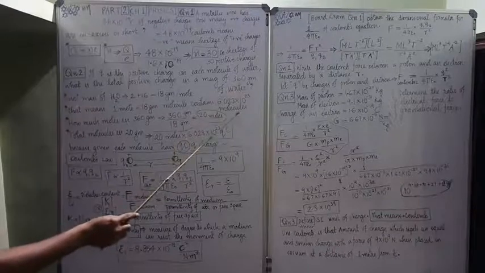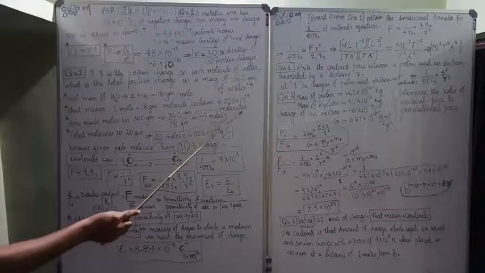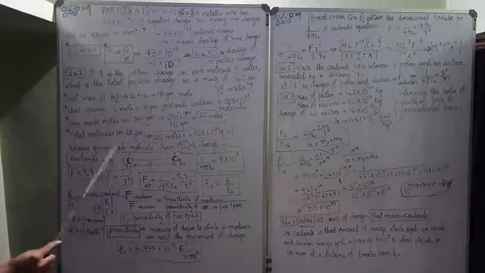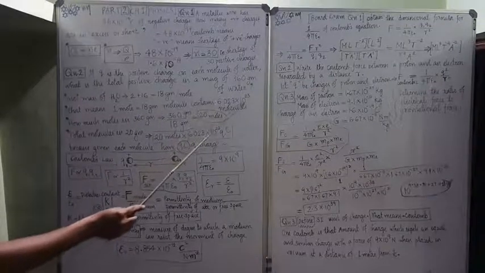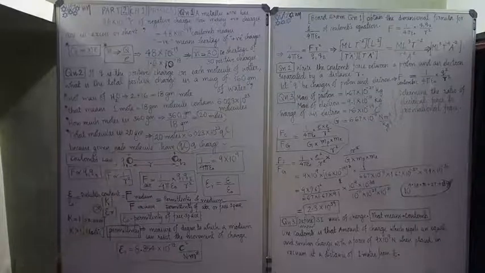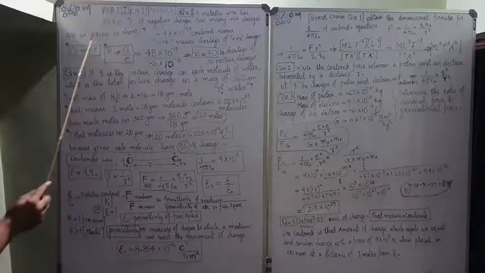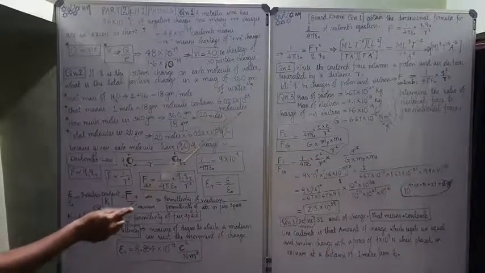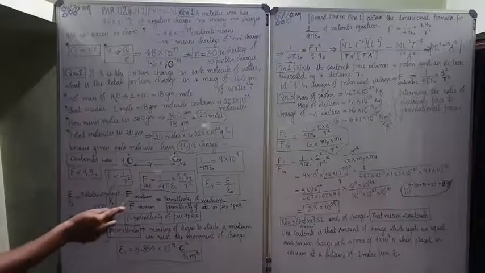That means 1 mole of water contains 6.023 into 10 raised to 23 molecules, and each corresponds to Q charge.